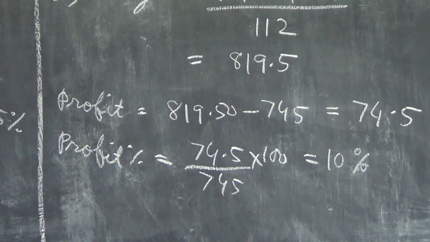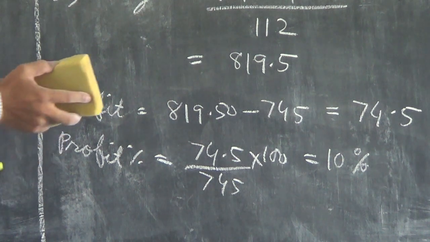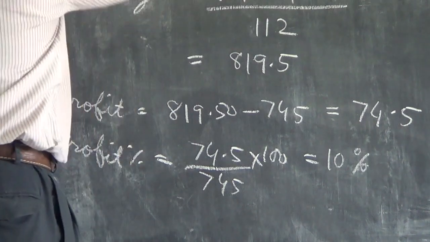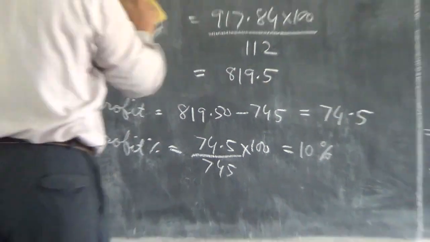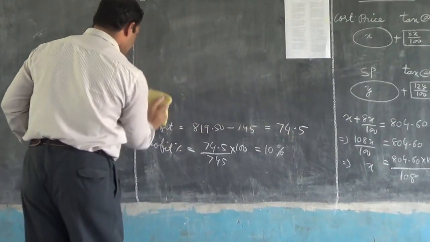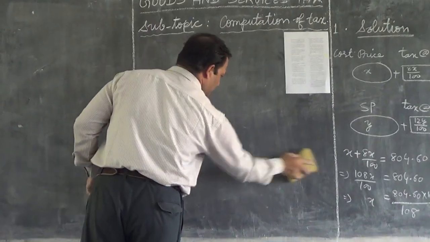Then we can move to the next exercise, where we will be dealing with problems involving discounts, overheads, rebates, and many such things. I will change the question paper now, and then we will start working on it.